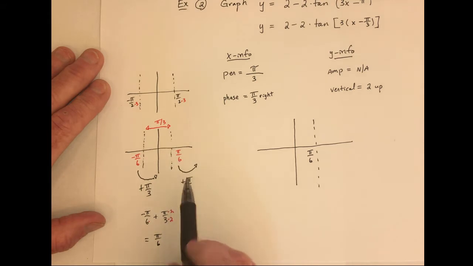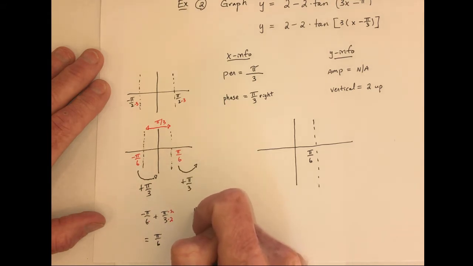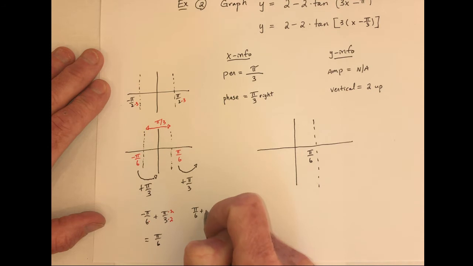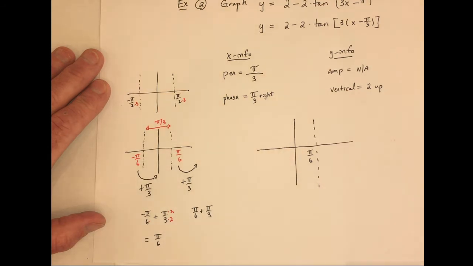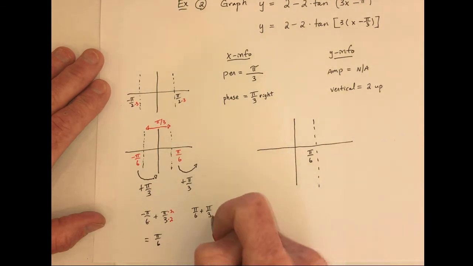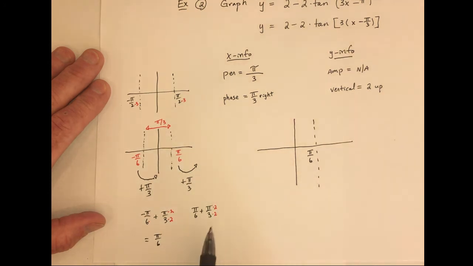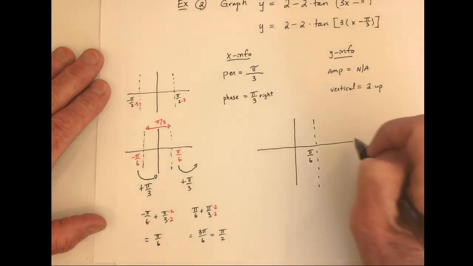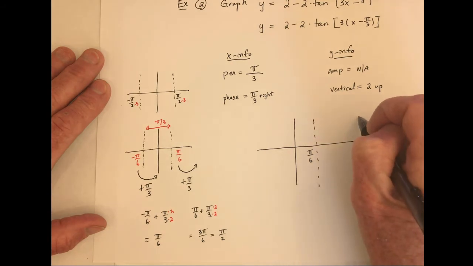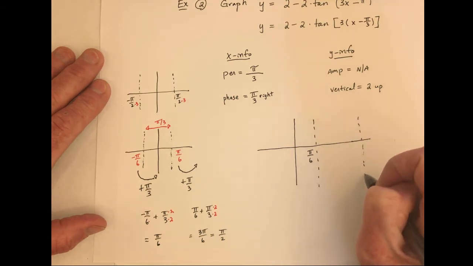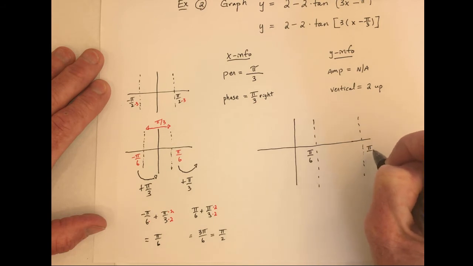And then what about this asymptote? That's going to be pi over 6 plus pi over 3, and then get a common denominator, so multiply by 2 and multiply by 2. So this will be 2 pi over 6 plus 1 more is 3 pi over 6. And then when you reduce that, it's pi over 2. So the other asymptote is at pi over 2.